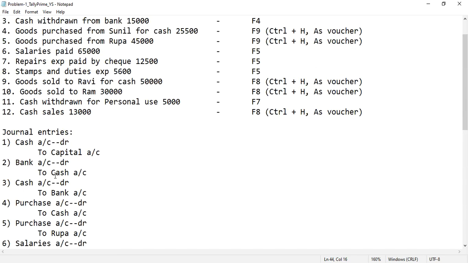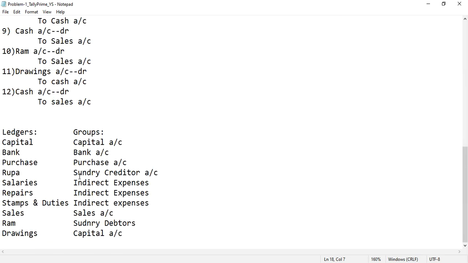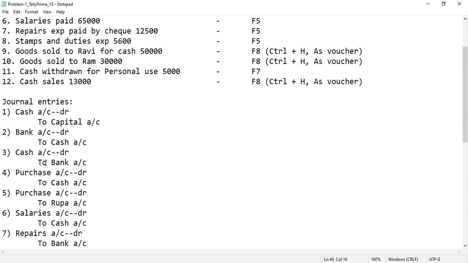Next, bank account debit to cash account. Cash is already available, so we no need to create it. The leftover is bank, which comes under bank accounts, whatever the bank is, SBI, RBL, whatever it is. You need to create that bank ledger first, then put it in the group bank accounts. Next, the third one, cash account debit to bank account.